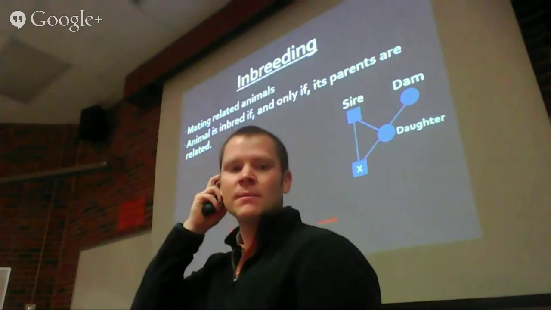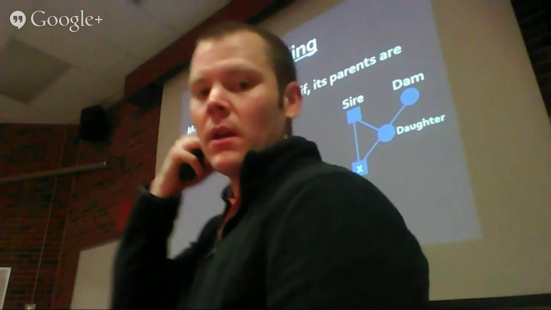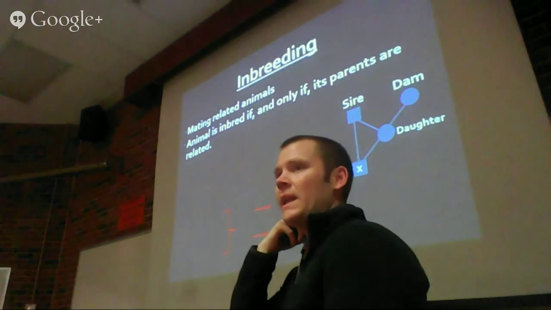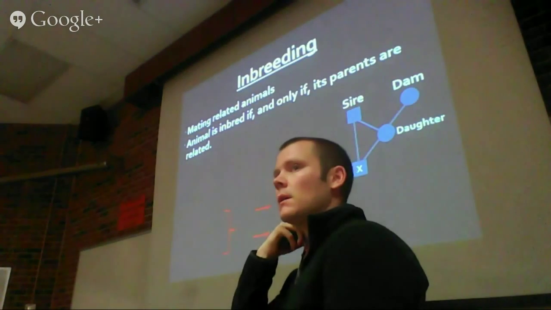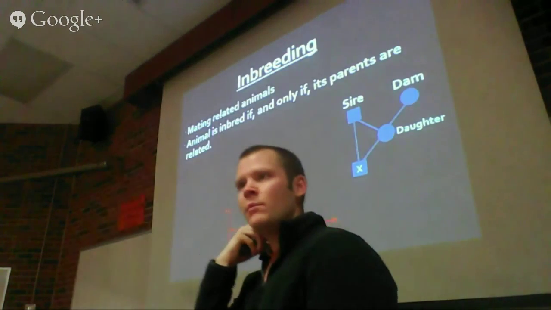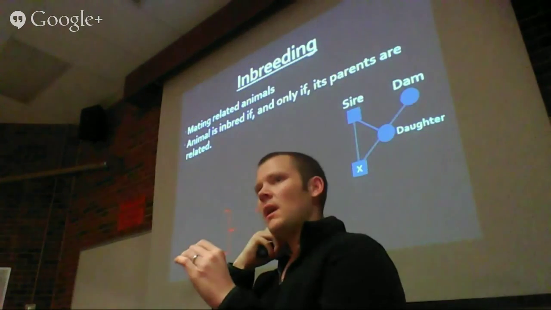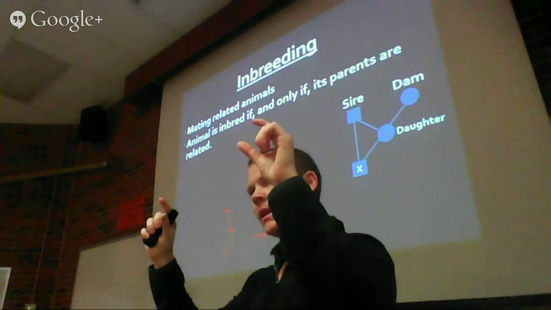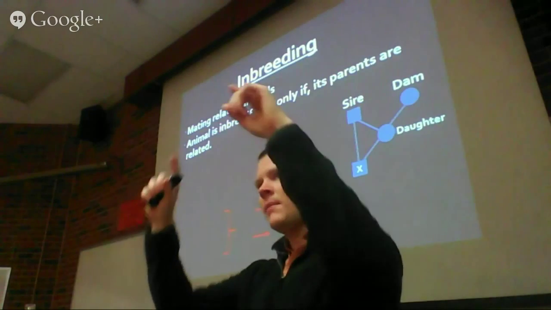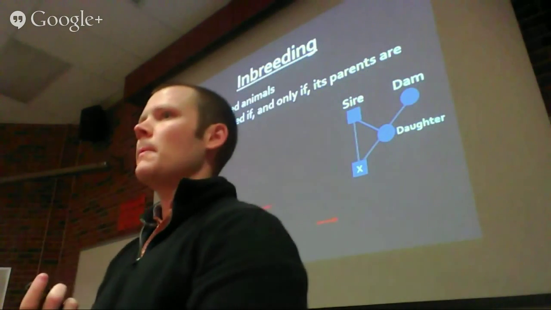An animal is inbred if and only if its parents are related. That is the eye test for inbreeding: you can look at a single individual's parents. If those parents are related, that means they share a common ancestor, then there's inbreeding happening in your population.